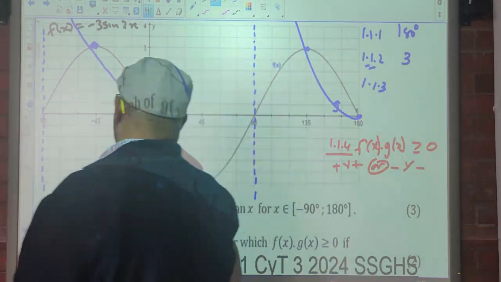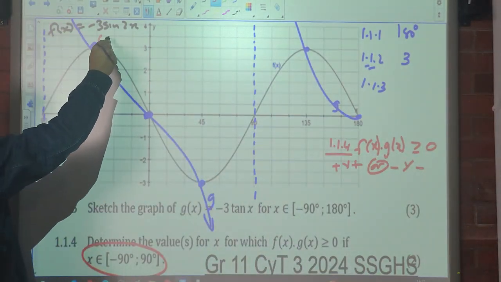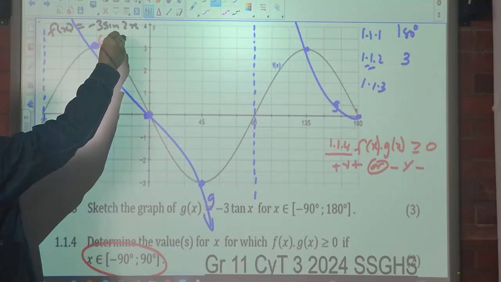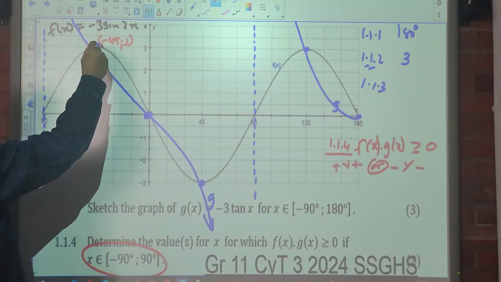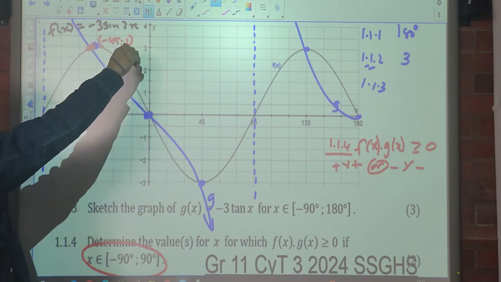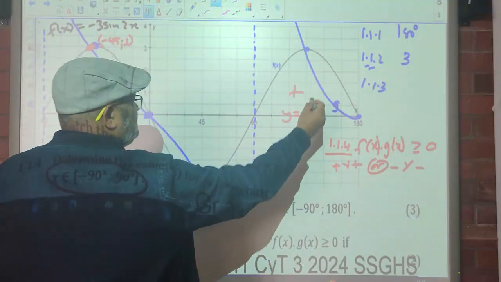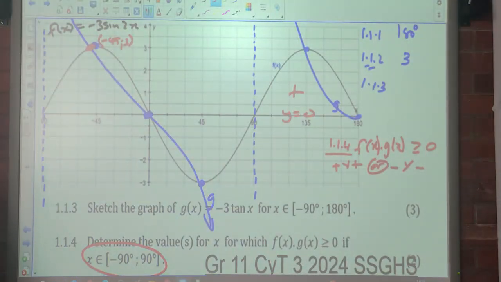So if you look at this graph from negative 90, what do you notice? Both is? It's going through this, no? Negative 45. Both is positive. It's above the x-axis. Can you see both is positive? How do we know it's positive? If it's above this line, the y equals 0 or the x-axis.